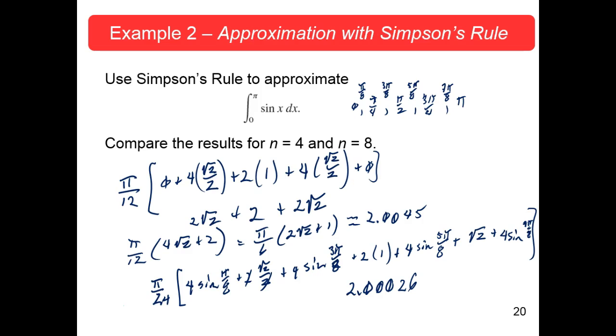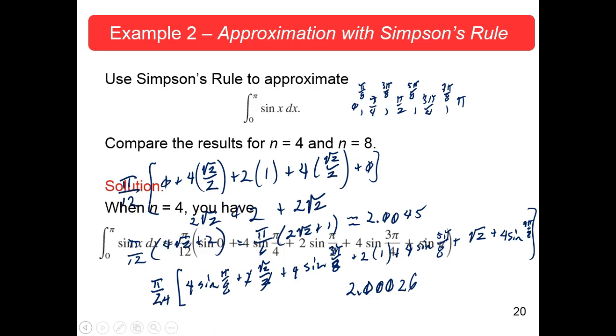What's that? Okay. Oh, I needed to erase it first. All right to erase? Okay.